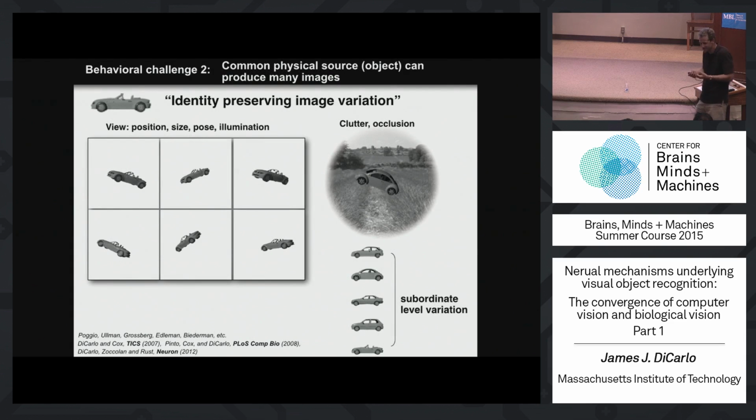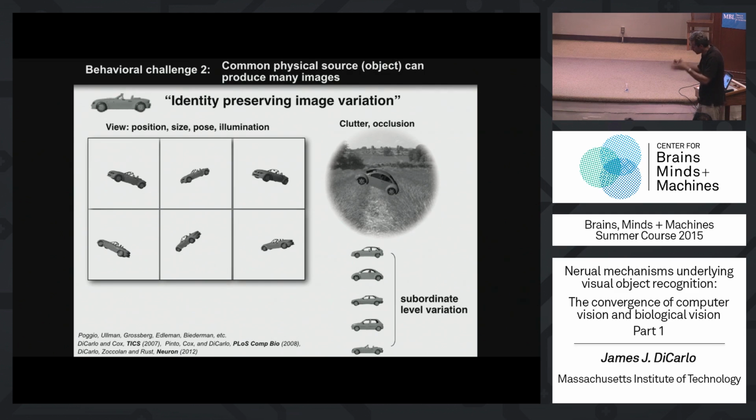What's hard is that each object can produce an essentially infinite number of images. And so you somehow have to be able to take some samples of certain views or poses of an object, this is a car under different poses, and be able to generalize or to predict what that car might look like in another view. This is what's called the invariance problem. And it's due to the fact that there's identity-preserving image variation.